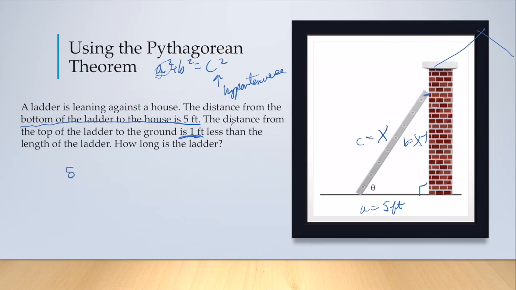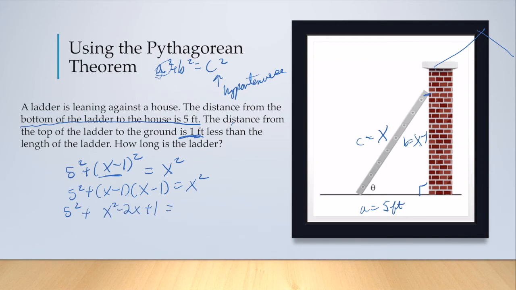So I have 5 squared plus x minus 1 squared, remember we have to FOIL that, equals x squared. We can't just distribute that square. It'd be so nice if we could. So I have 5 squared plus x squared minus 2x plus 1 is x squared. 5 squared is 25.